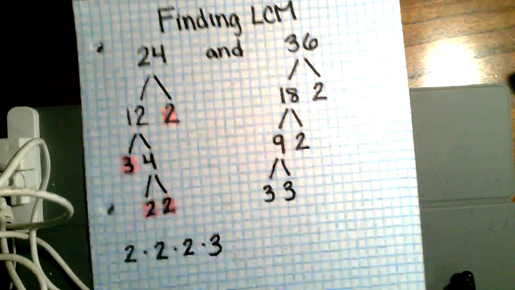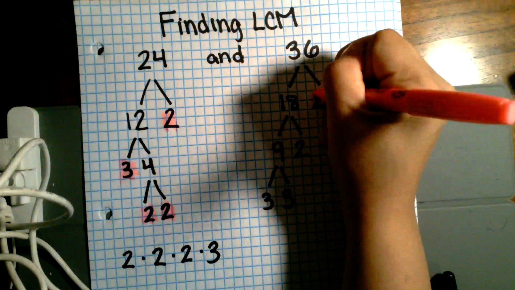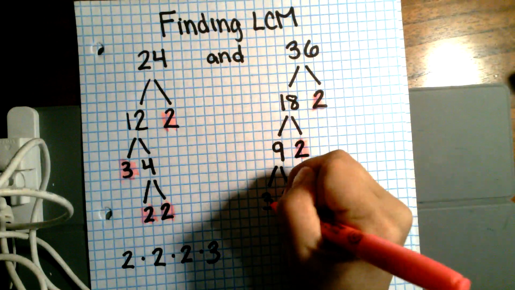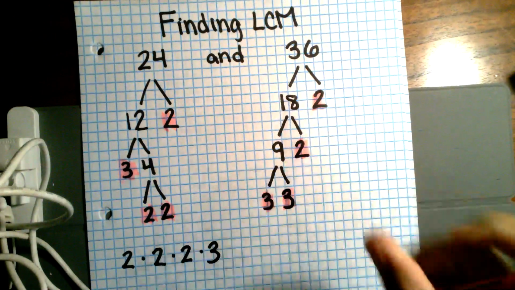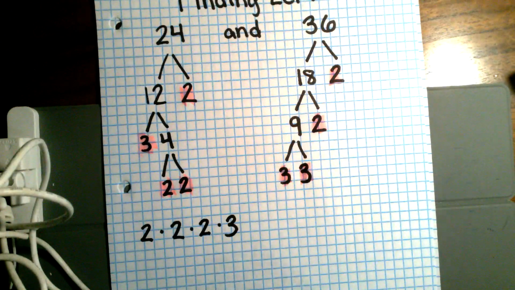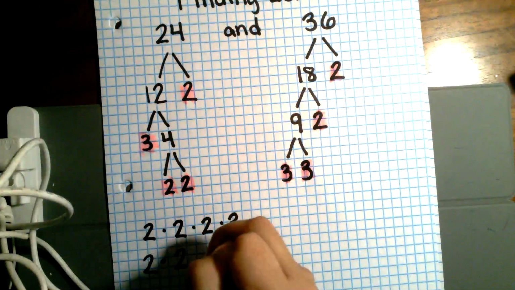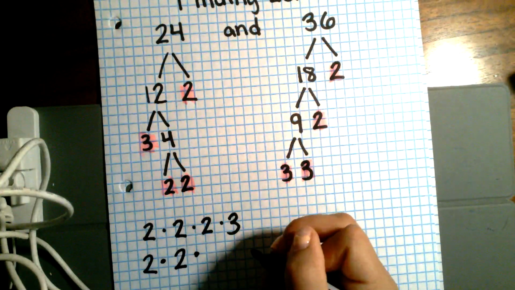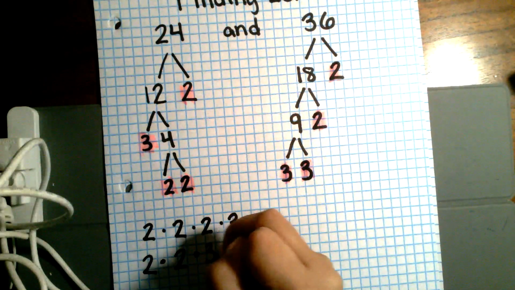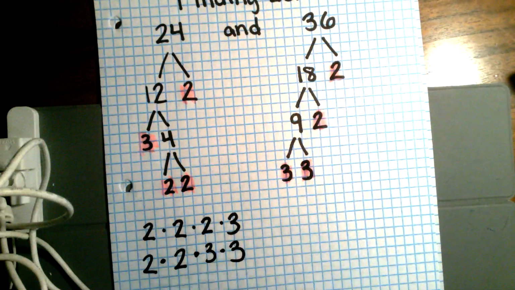And that's all done. So we have 2 times 2 times 3 times 3. So what I have here is 2 times 2 times 3 times 3.